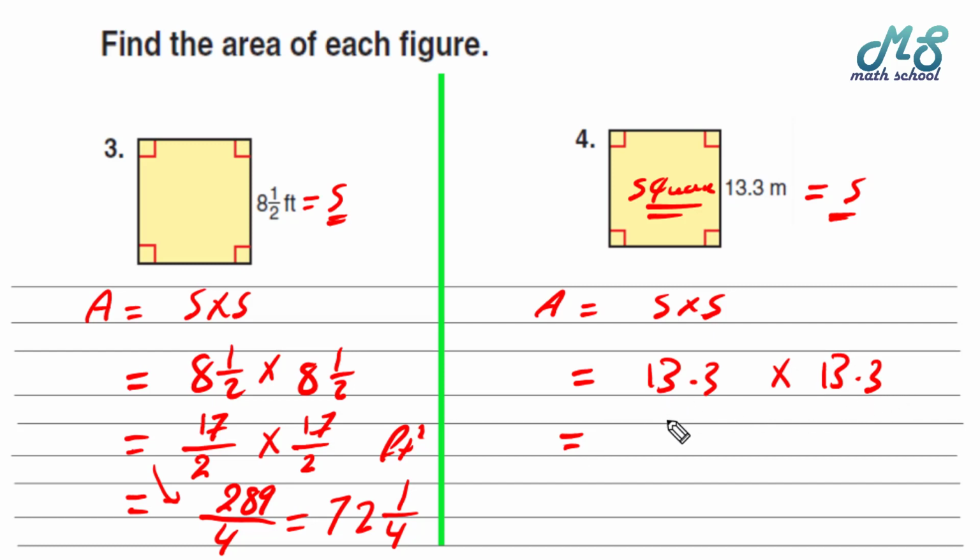Just multiply 133 by 133. And don't forget, guys, insert the decimal point after 2 digits from the right. We get the area equals 176.89 square meters. So don't forget, to find the area of the square, just multiply its side length times itself.